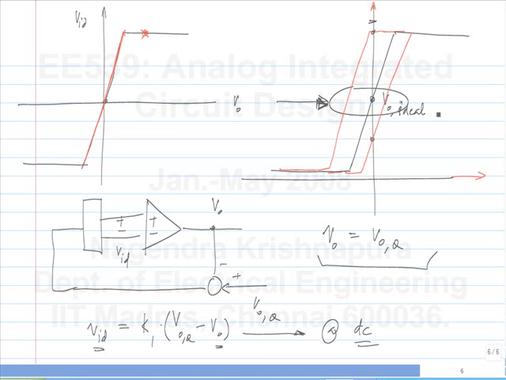Okay. On top of that, once there is DC negative feedback around the op-amp, it will be operating with the right quiescent voltage at the output. Then you can use that op-amp as a virtual short or basically a high gain amplifier and realize any other signal processing function. Okay.